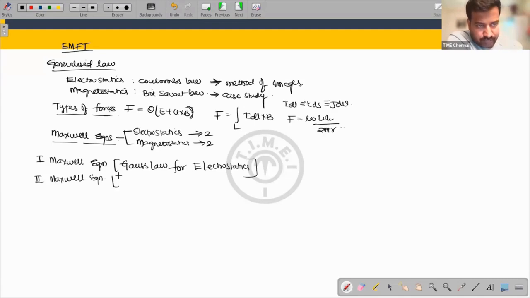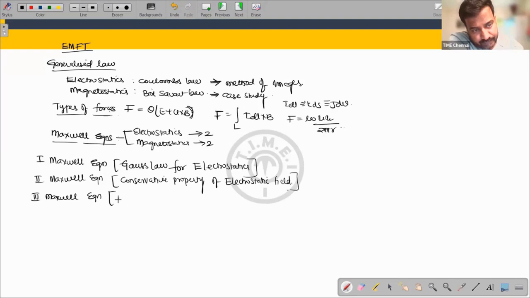The second Maxwell equation is from the conservative property of electrostatic field. Third Maxwell equation is from Ampere's law.